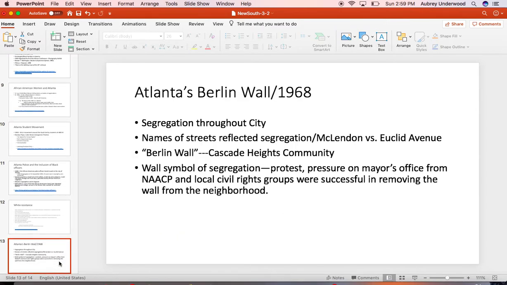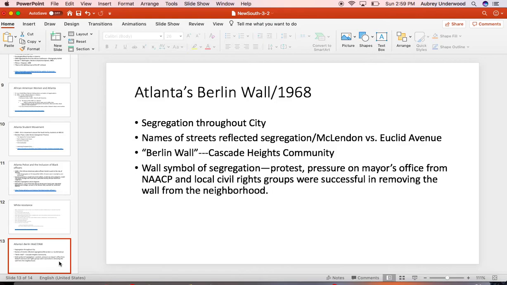In 1968, Atlanta had its own Berlin Wall. Segregation throughout the city was very evident, and there was a pattern across Atlanta of naming different parts of the streets different names to denote white and black. In the neighborhood of Cascade Heights, there was a literal wall also built separating the white neighborhood from the black neighborhood.